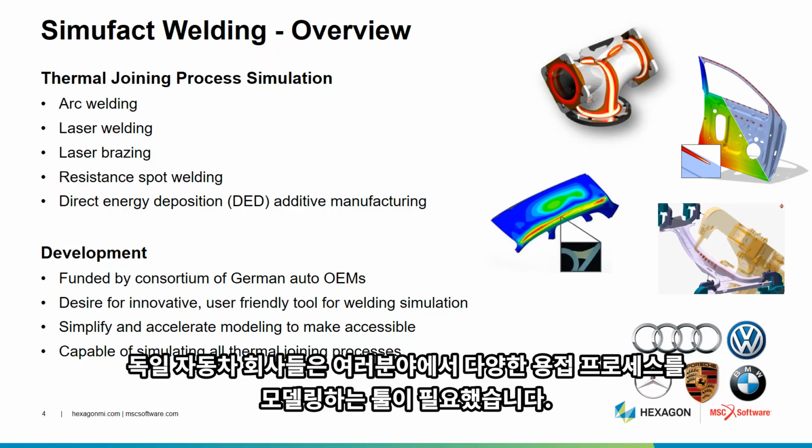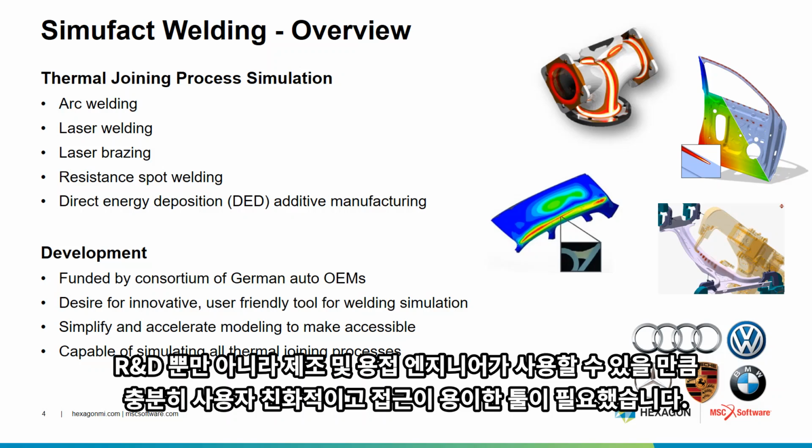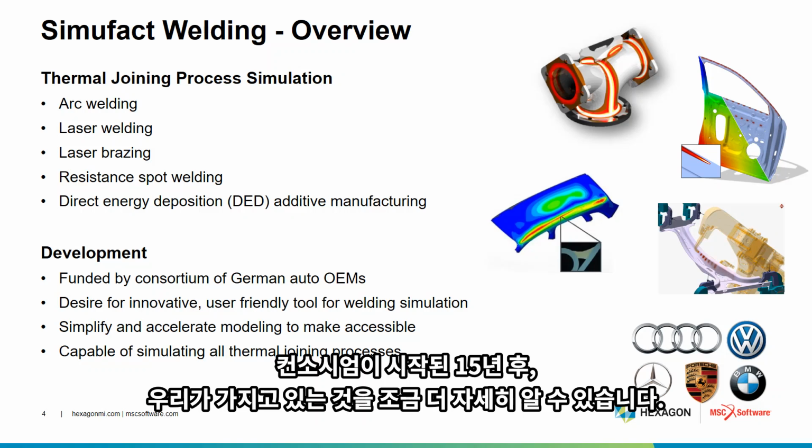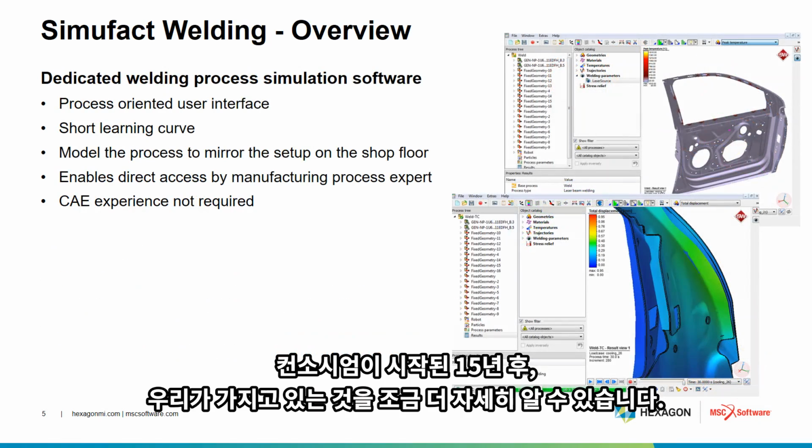They had a desire to have a tool that was able to model the welding process for a variety of different applications while being user-friendly enough and accessible enough to be used by R&D, but also by manufacturing and welding engineers. If you fast forward now 15 years or so since that consortium started, you have what we have today.